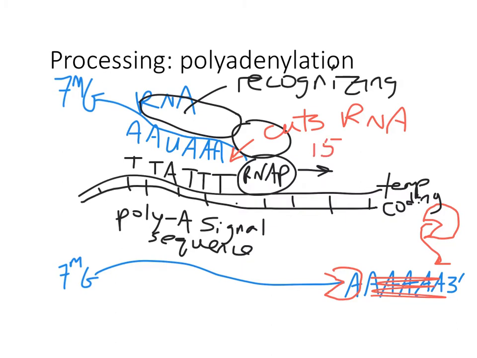Let's say 15 for the sake of this, 15 nucleotides 3' of the polyadenylation signal sequence. In other words, in this messenger RNA I drew on the bottom in blue, the final version, there would be an AAUAAA, and then there would be about 15 to 20 nucleotides before you would see the start of this poly A tail, just a bunch of A's connected together.